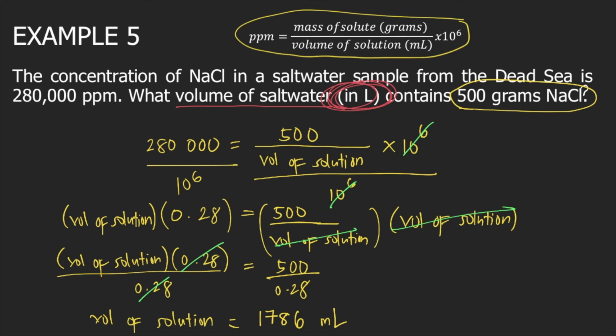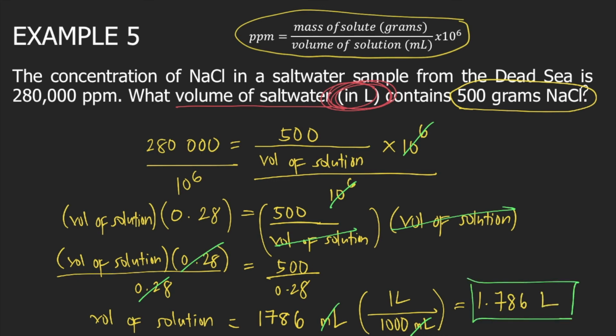So we do dimensional analysis. We know that 1 liter is equivalent to 1,000 ml. So ml cancels out. 1786 divided by 1,000 is equal to 1.786 liters. So this is the volume of salt water.